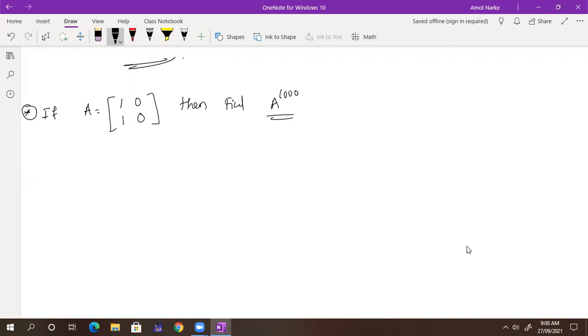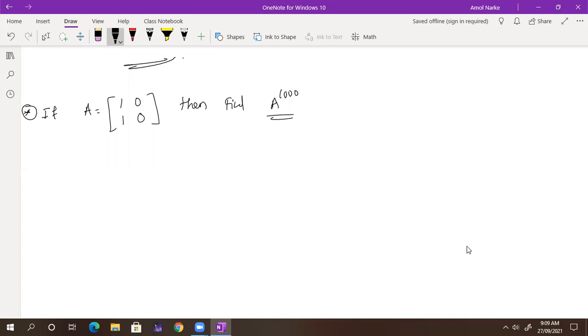Do the calculation, and then tell me directly the answer. Then I will explain. I just want an answer from your side. It is just an MCQ kind of question. If I have a 2 by 2 matrix, it requires 1 or 2 minutes.